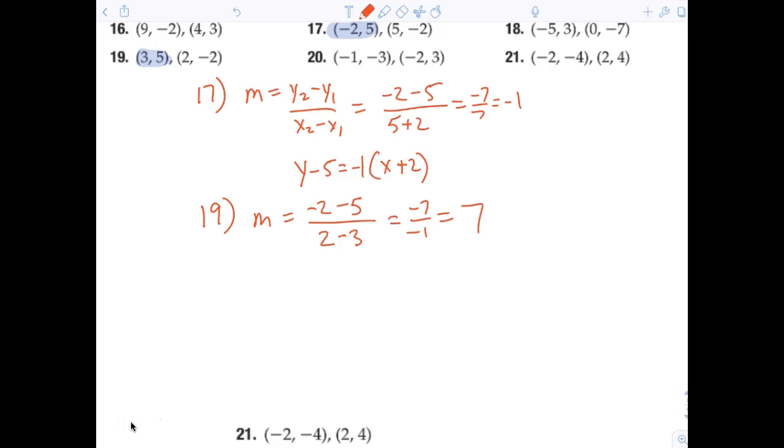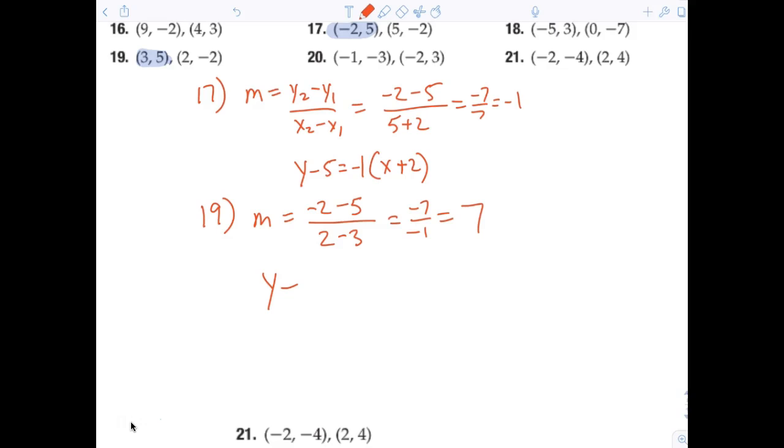So then you do negative 5. We're writing the equation, Will. Oh yeah, y minus y1. What is y1?